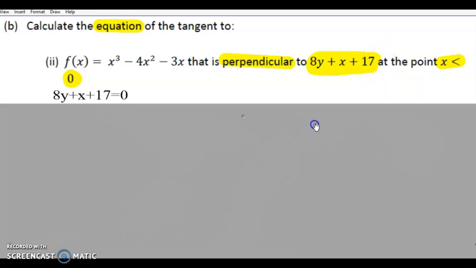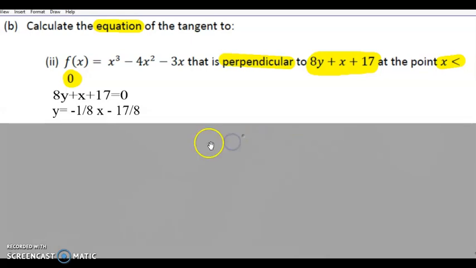So I try to write that in standard form first, and then I say y is equal to negative 1 over 8x minus 17 over 8. That is my standard form. Now I've got my gradient is negative 1 over 8. I know I'm talking about perpendicular lines.